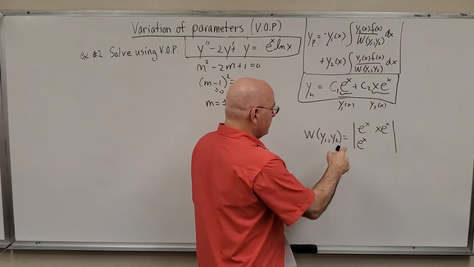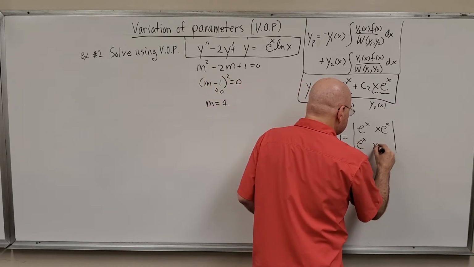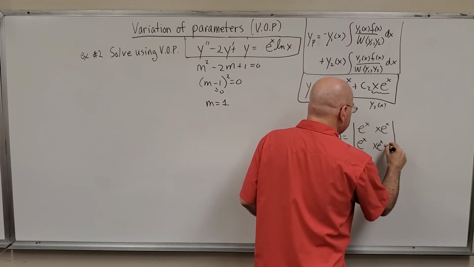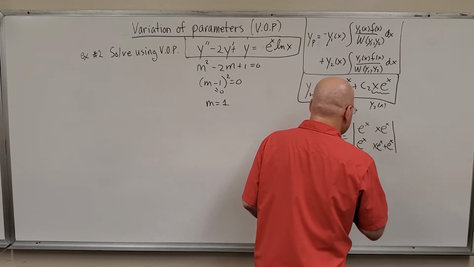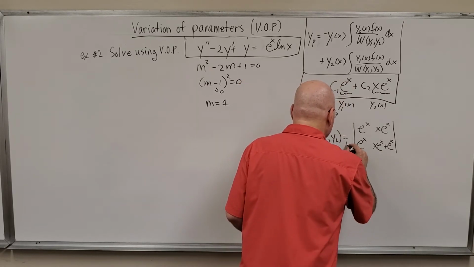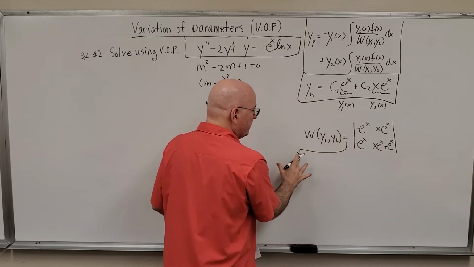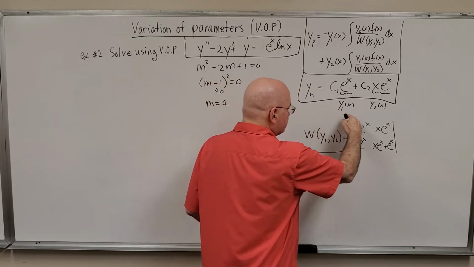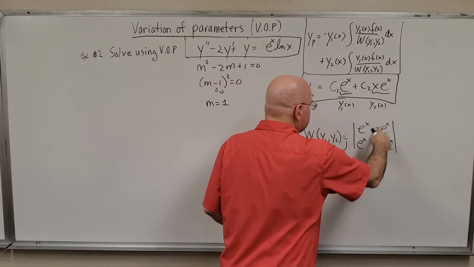So it would be the first times the derivative of the second minus the second times the derivative of the first. This looks to be a little painful. I'm going to move over to the left a little bit. The determinant: I'm going to multiply this, then minus that.